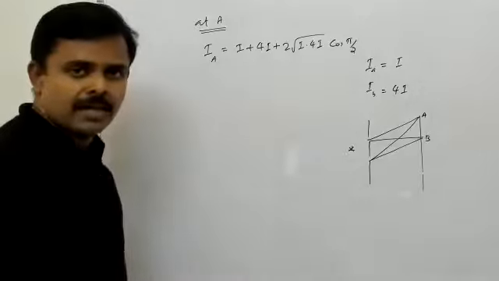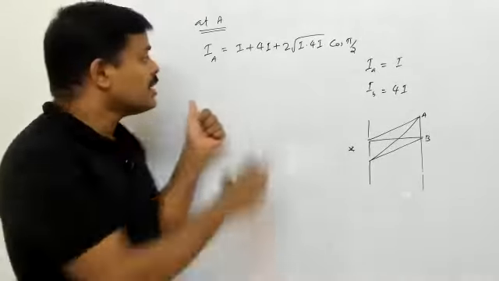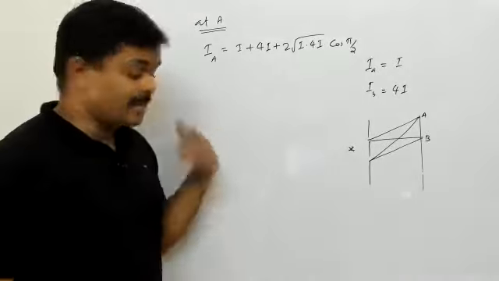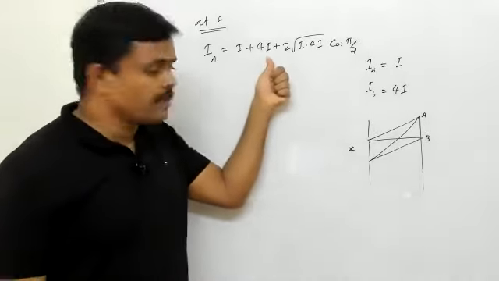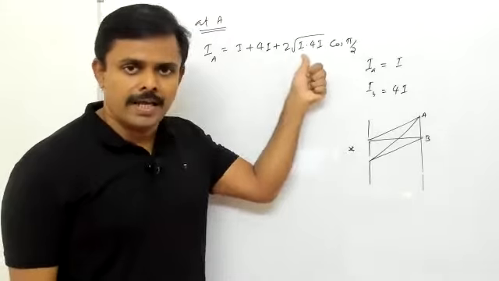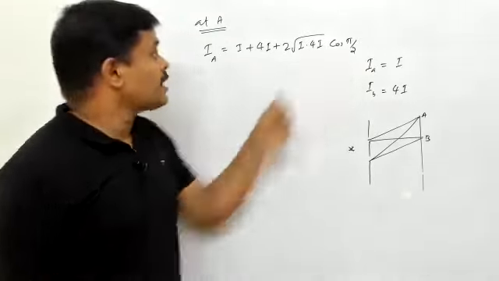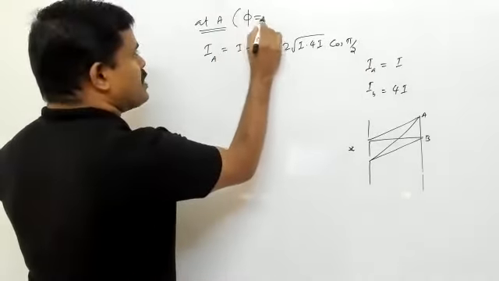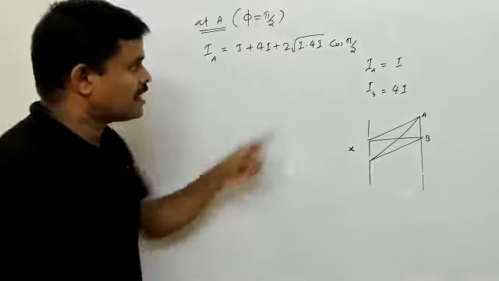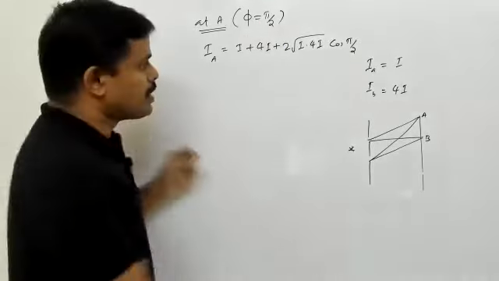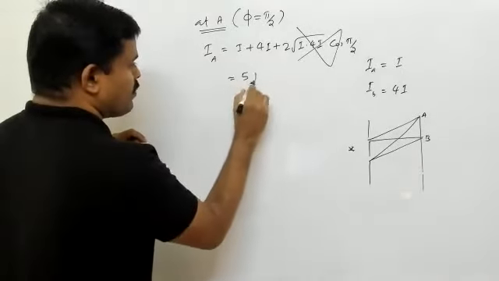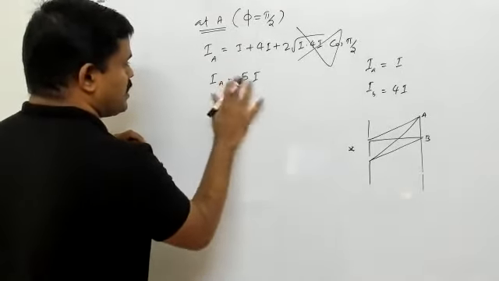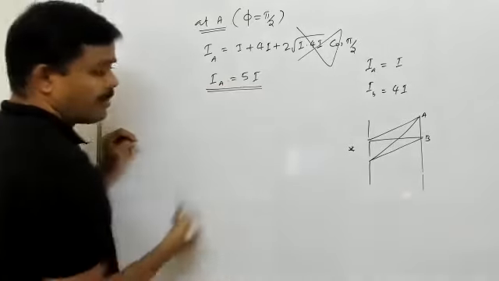I've just written the equation for the resultant intensity: I is equal to IA plus IB plus 2 root IA IB cos phi. In case number 1, the phase difference is pi by 2, which is why I put pi by 2 here. But cos pi by 2 is 0. So I plus 4I is 5I. This is the intensity at A.